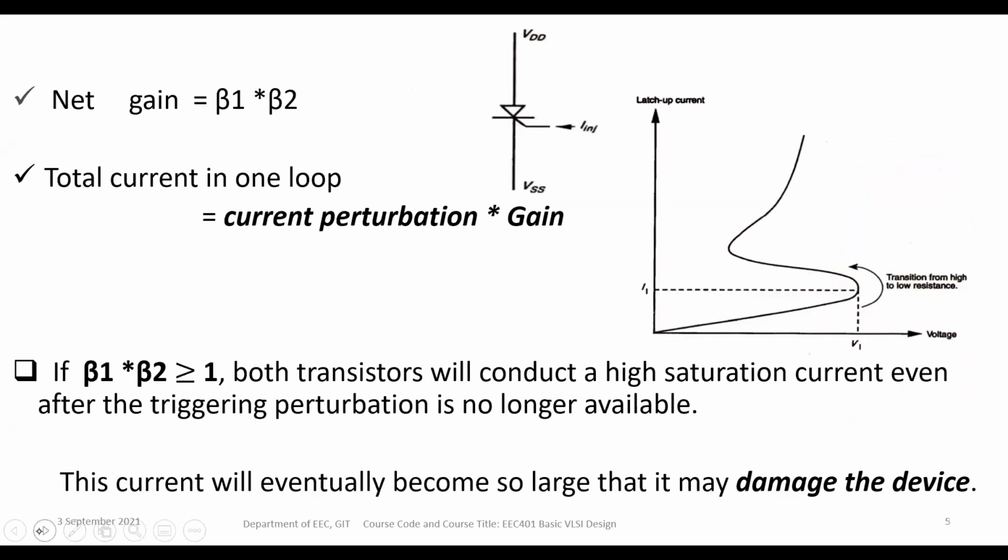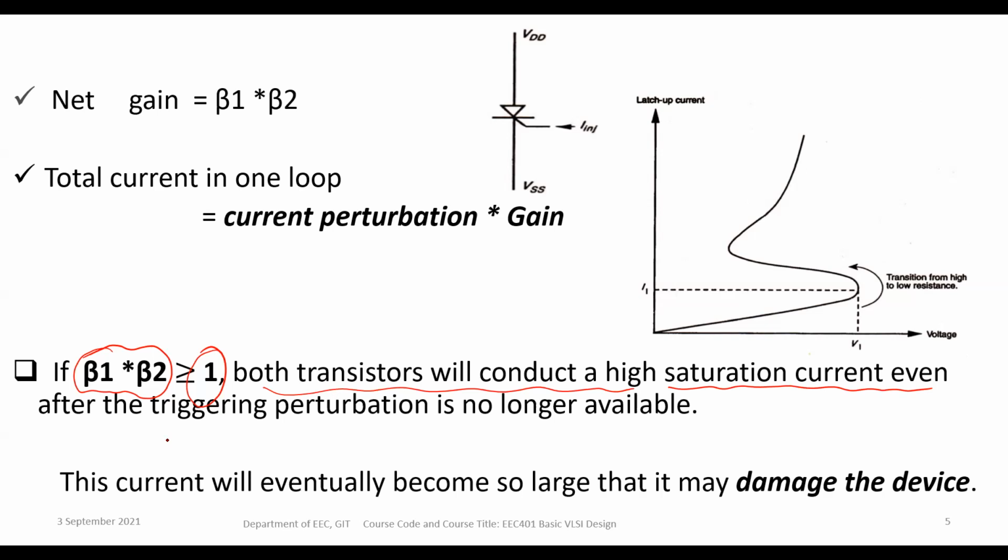So when this situation is observed, when beta 1 and beta 2, the gains of both transistors, are greater than 1, then both transistors will conduct, which leads to a high saturation current. Only the first time, some disturbances are applied.